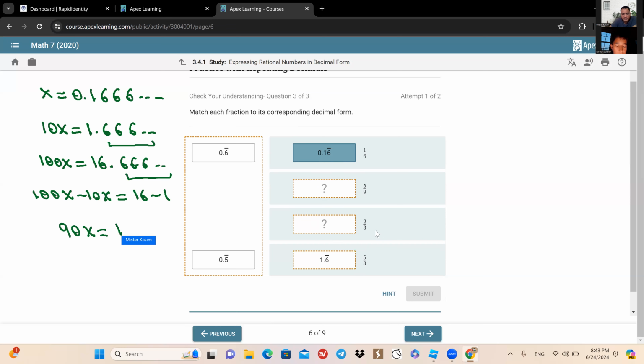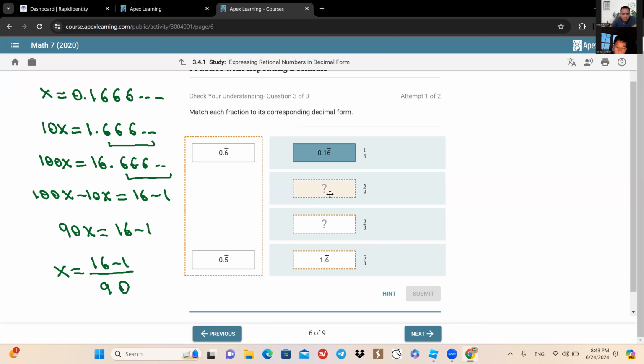On the right-hand side, we have 16 minus 1. On purpose, I'm not simplifying this. So I need to find x. What is x here? 16 minus 1 over 90. If you notice here, this 9, how many digits are repeating? Only 1. So it is 9. Non-repeating digits also 1.